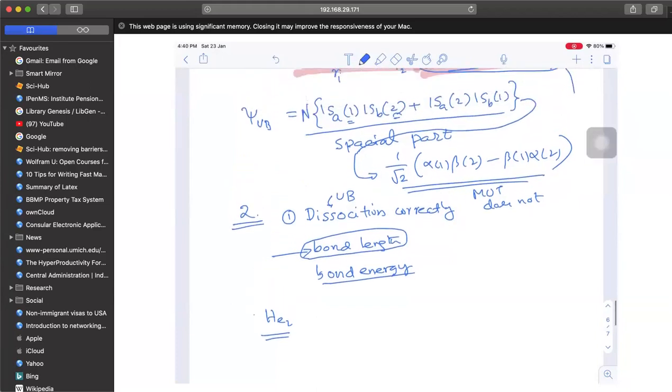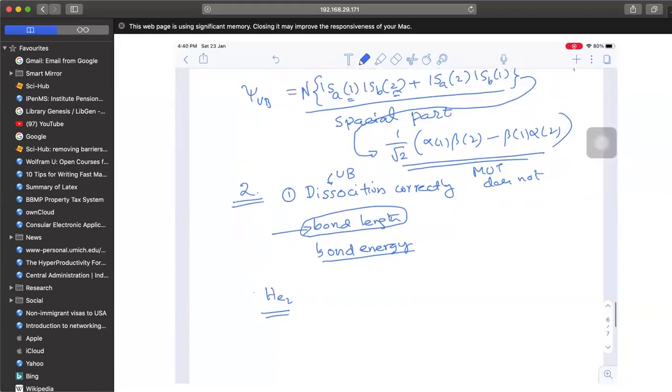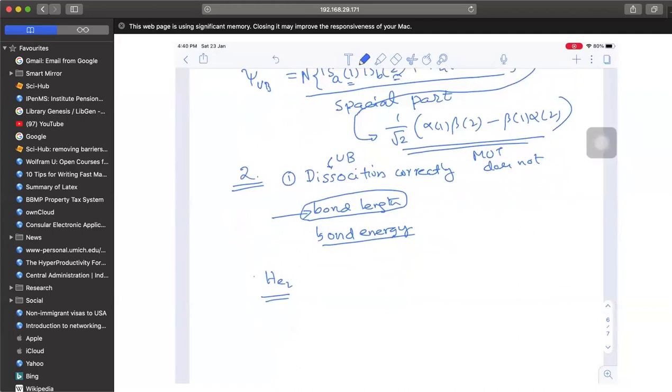That is actually a disadvantage. You can say that MO theory has equal contribution from the ionic and covalent structures. Absolutely fine. But then you will have to say that valence bond theory has no contribution from ionic. That is fine. That is better actually.